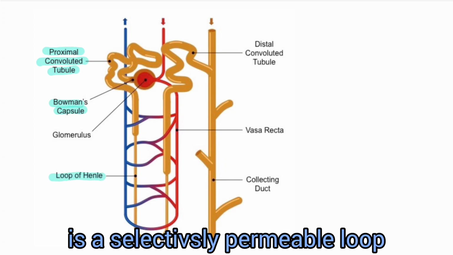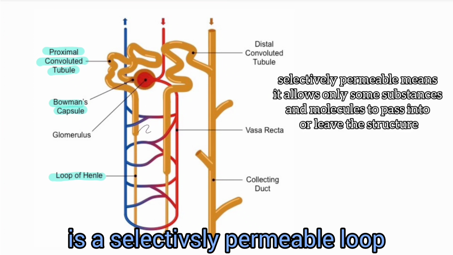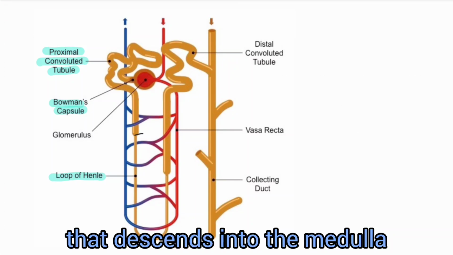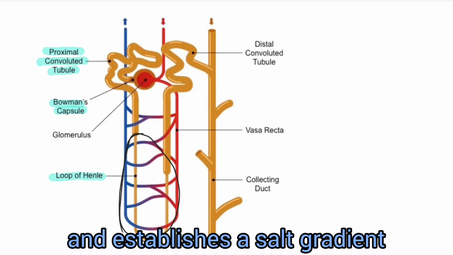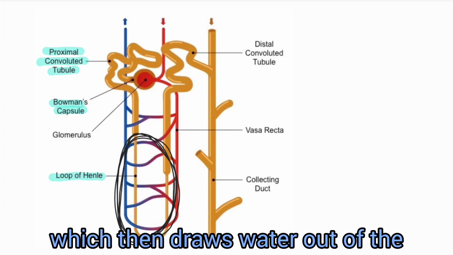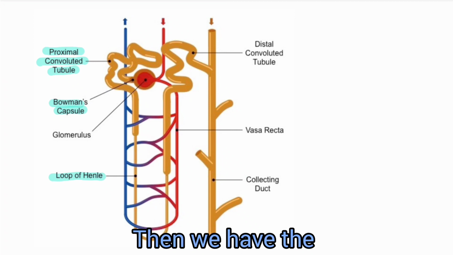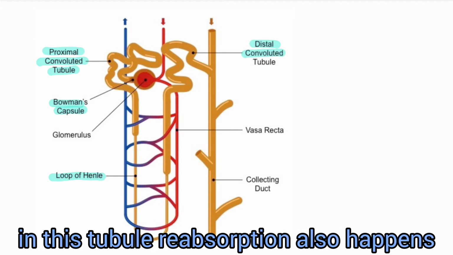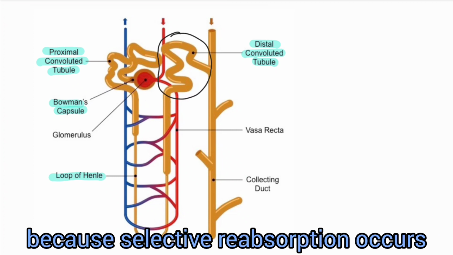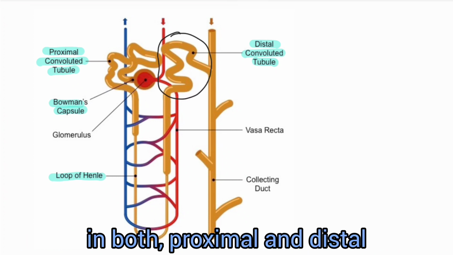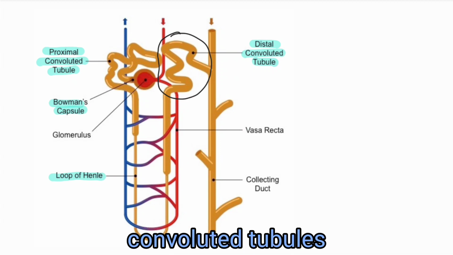The loop of Henle is a selectively permeable loop that descends into the medulla and establishes a salt gradient, which then draws water out of the collecting duct. Then we have the distal convoluted tubule. In this tubule, reabsorption also happens, because selective reabsorption occurs in both the proximal and distal convoluted tubules.